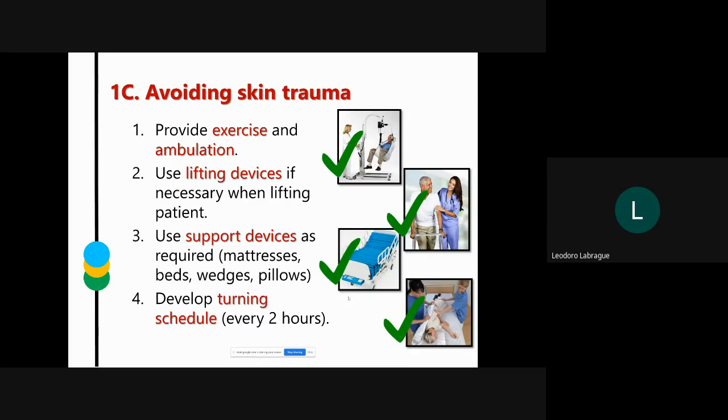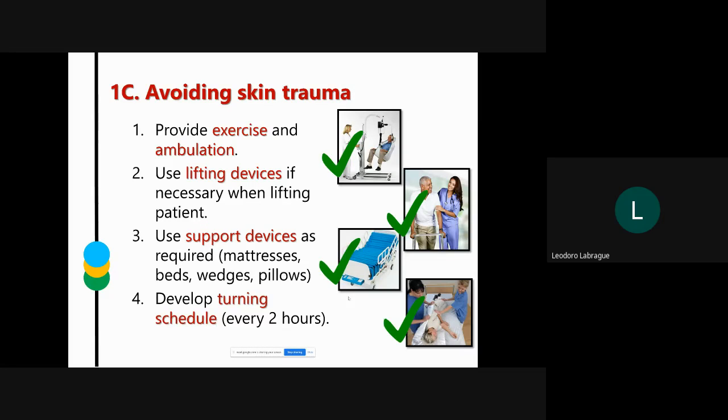If your patients can ambulate, you might offer assistance and have your patients do a little walking to relieve pressure in the back. Number 2, if there are lifting devices, just like what you see in the photo right now, the first photo, the patient is in the lifting device. Rather than pushing or pulling the patient, use a lifting device in order to avoid friction on the back. Remember, friction is the number 1 cause of pressure ulcer. And with the use of a lifting device, you are avoiding friction.